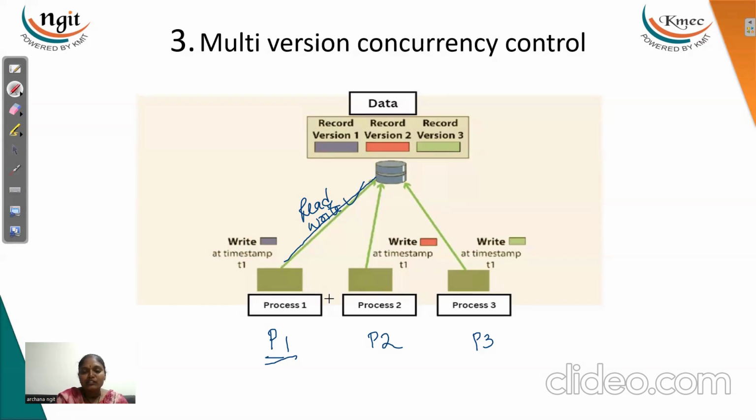Now the second user has access to the same data. So now a copy of the data can be given to it. So this is going to be taken as the second version of data. So even here, the P2 process will perform read operation and write operation upon that data value. And then P3 is another process which will also gain access to the same data item but with a different copy. So even here, read and write operations can be done.